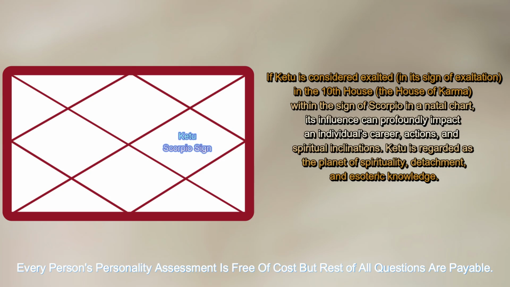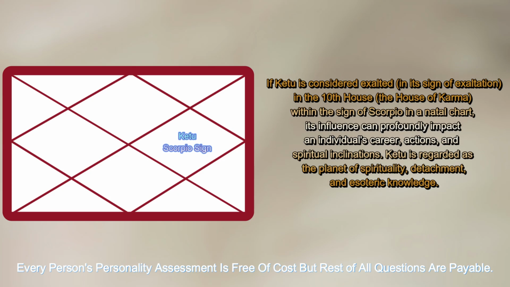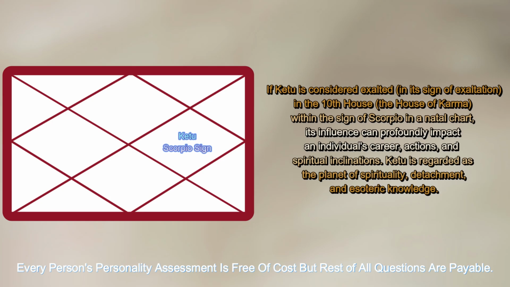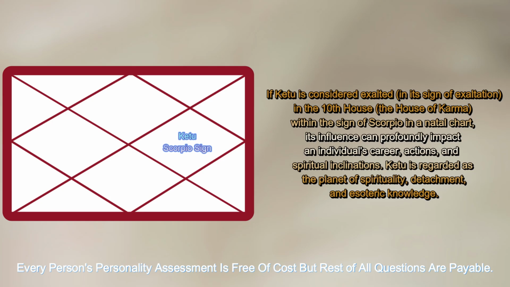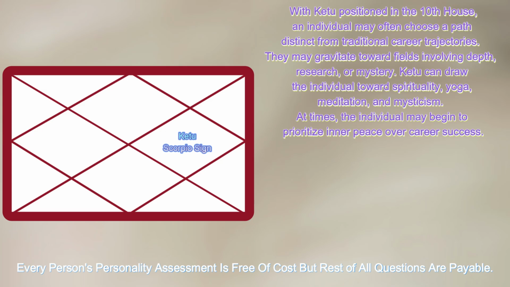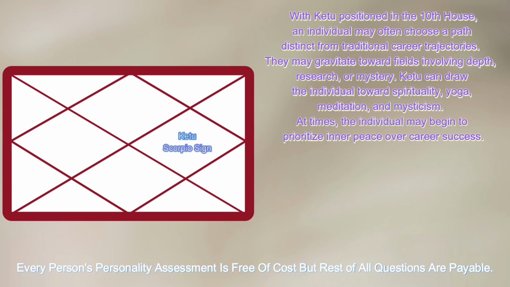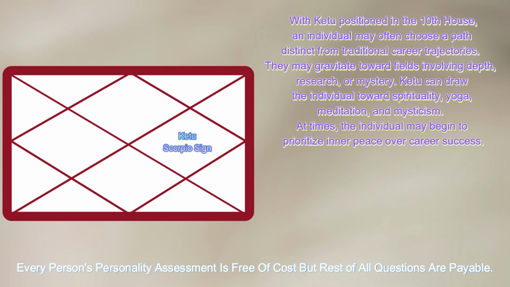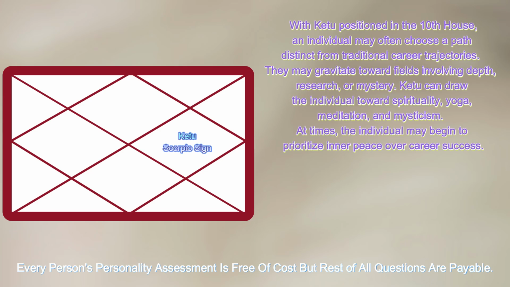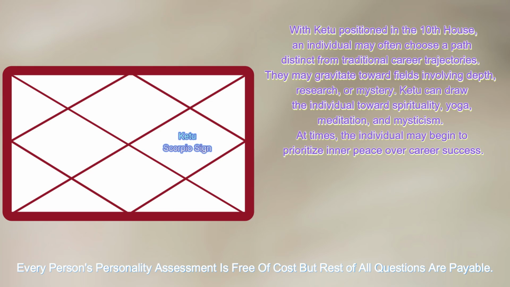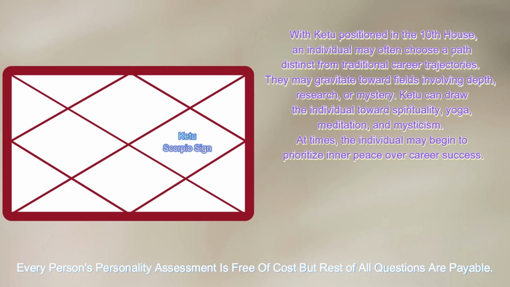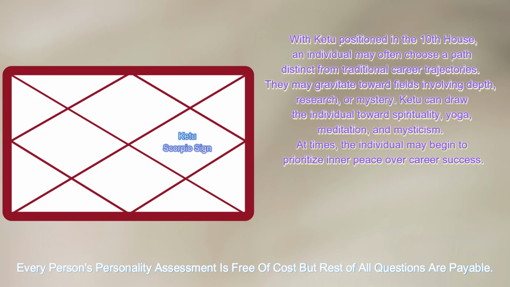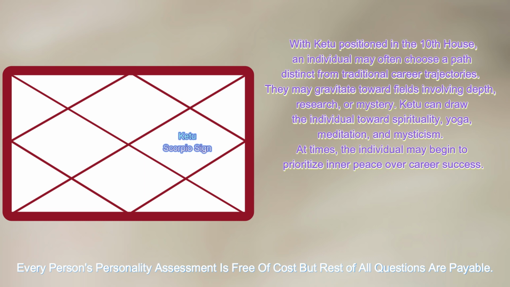Ketu is regarded as the planet of spirituality, detachment, and esoteric knowledge. With Ketu positioned in the 10th house, an individual may often choose a path distinct from traditional career trajectories. They may gravitate toward fields involving depth, research, or mystery.